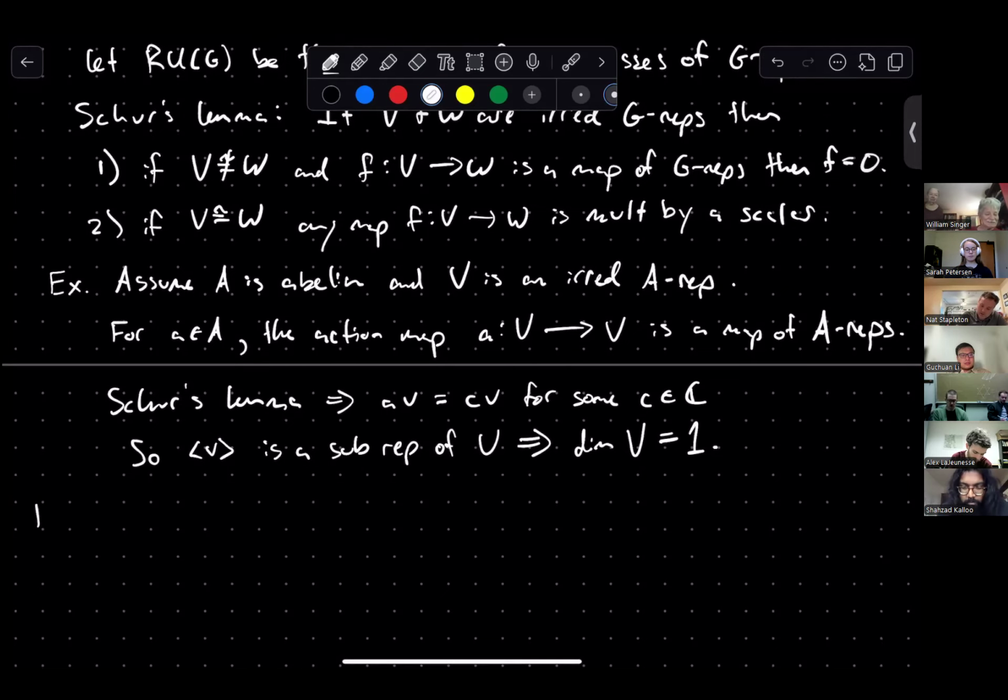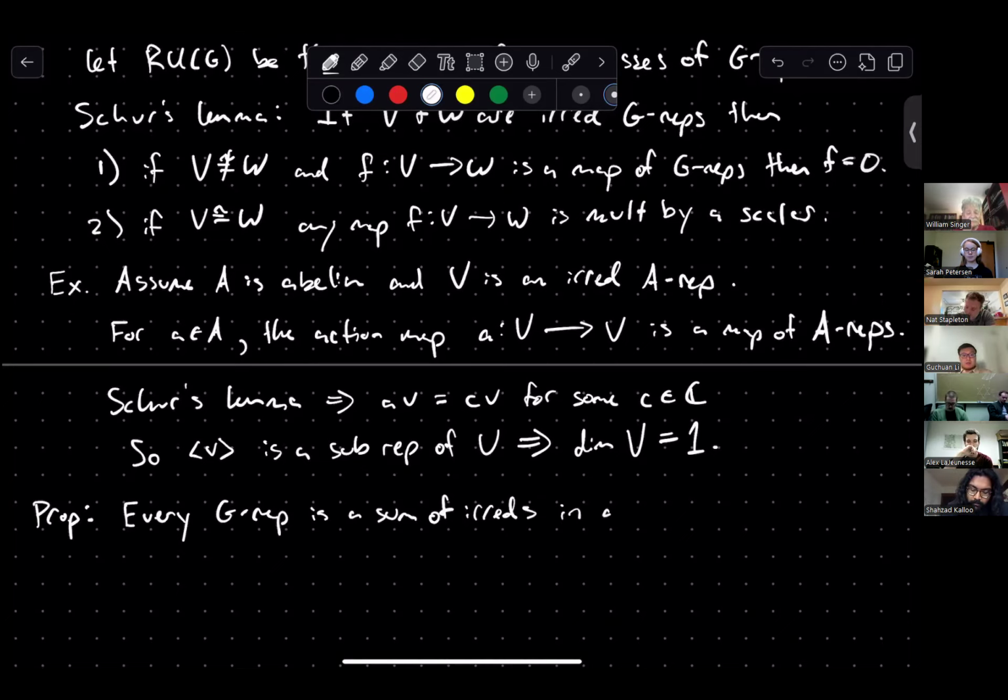Another application is to the representation ring itself. Every G representation is a sum of irreducibles in a unique way, as usual up to isomorphism and permutation.